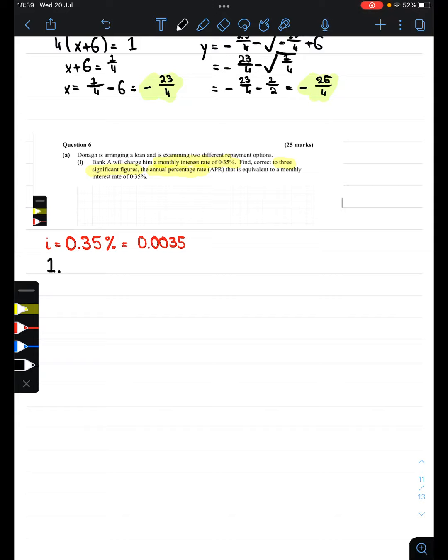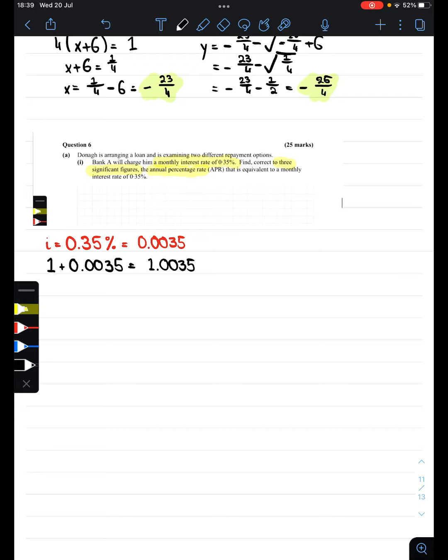So 0.35% of 1 is just 0.0035, so this has now become 1 plus 0.0035, or equivalently, 1.0035.